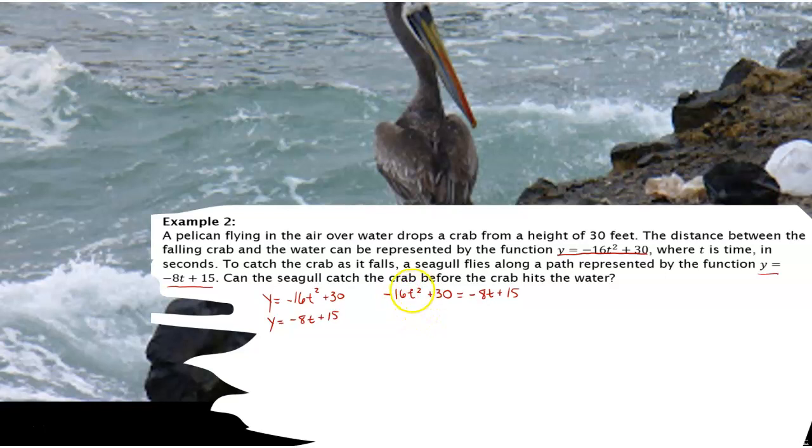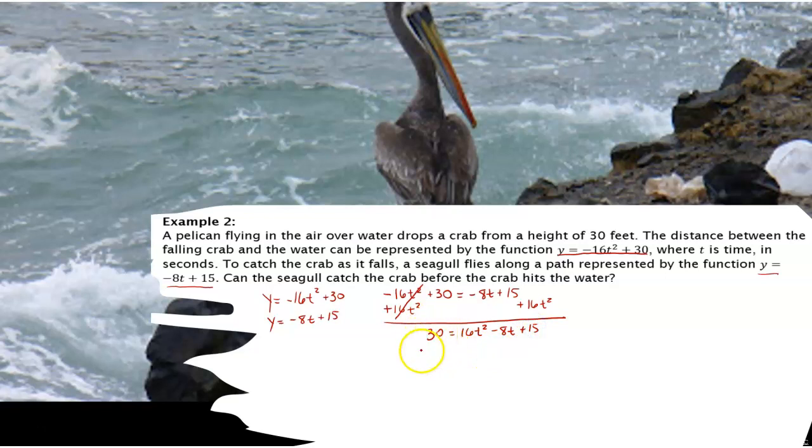Since this is a quadratic equation, we must have the quadratic set equal to 0. So what I will do is add 16t squared to both sides. Notice that these are not like terms, so I'm adding plus 16t squared and not placing it under any of the other terms because they're not alike. 30 equals 16t squared minus 8t plus 15.